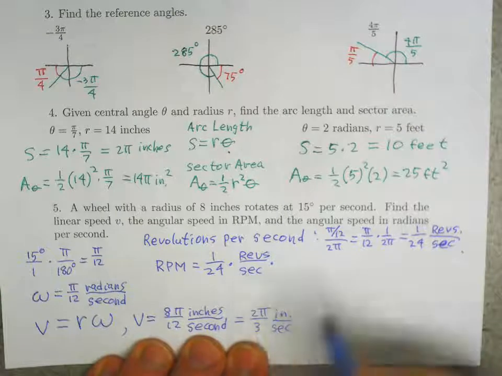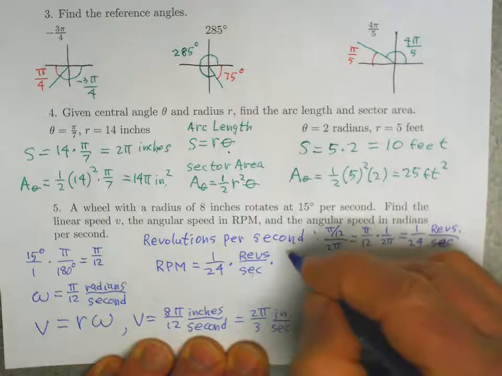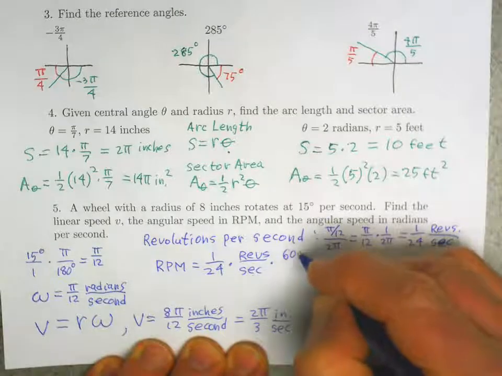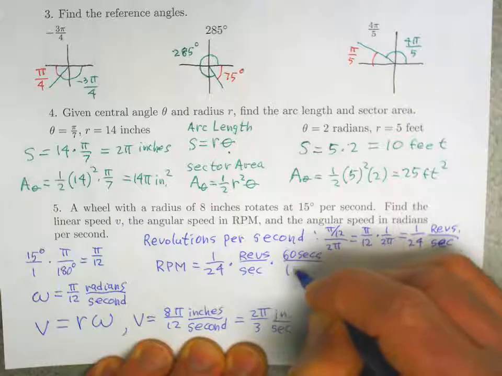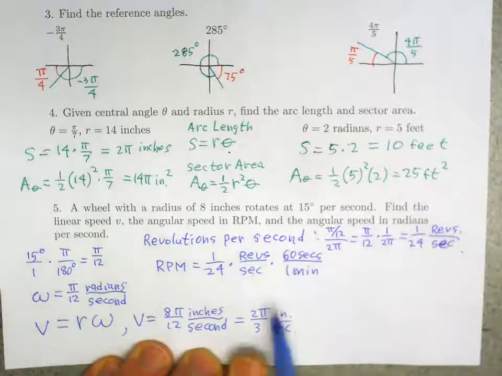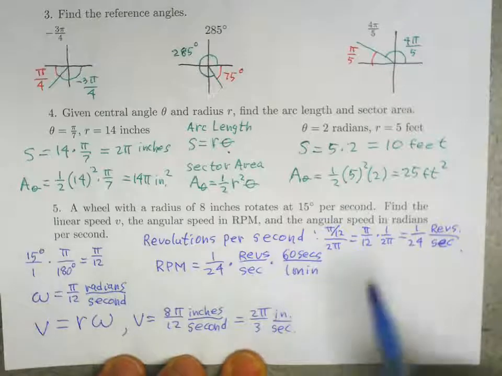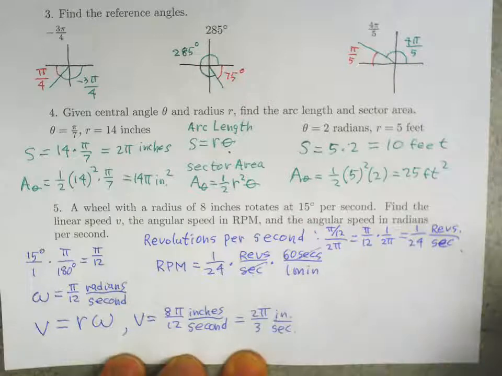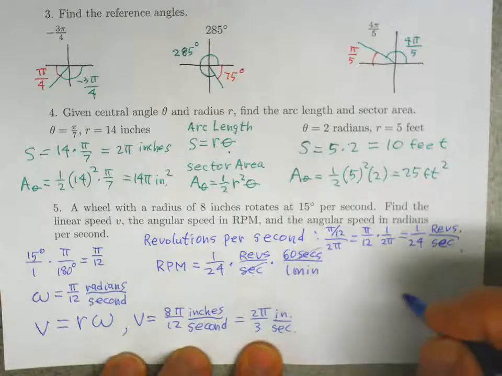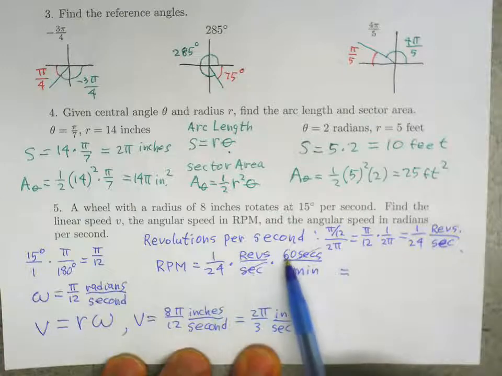So every minute has 60 seconds in it. So I multiply this by 60 seconds over 1 minute so that the seconds units cancel. And then we're just left with 1 over 24 times 60.